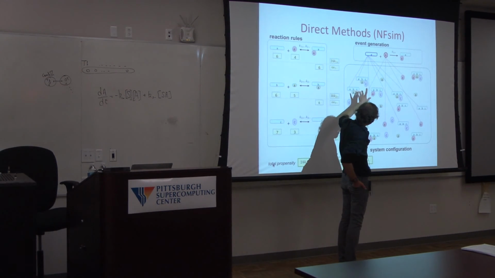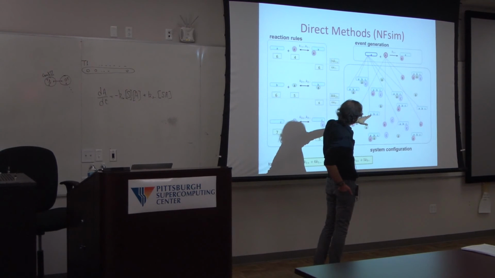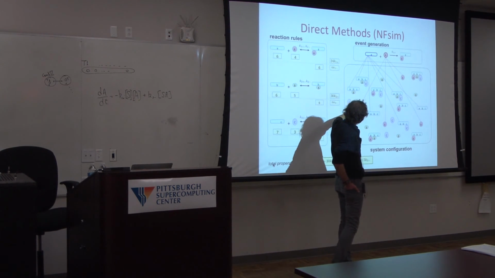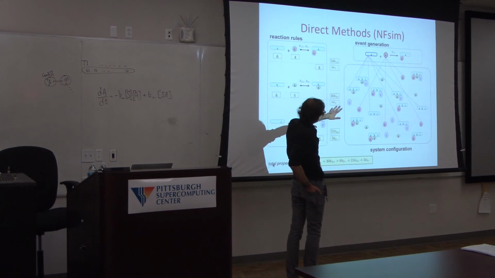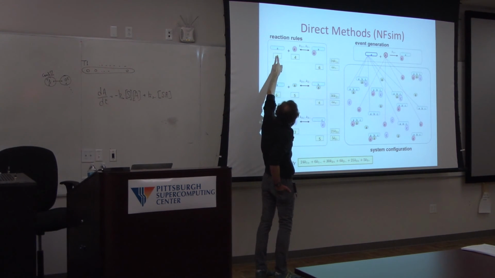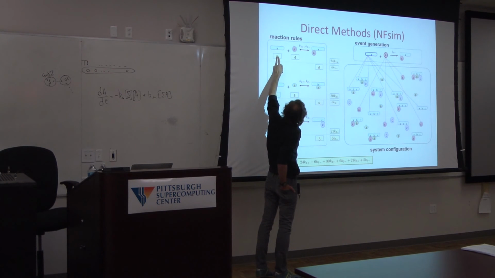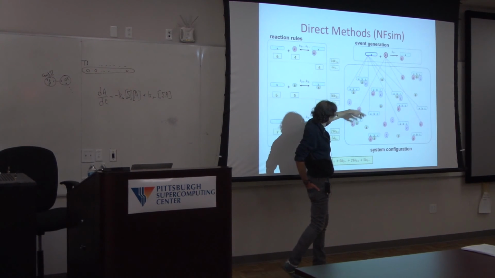We have our scaffold molecules and our binding partners, A, B, and C. And there's a distribution of molecules that are bound and not bound in all the various states. But those are the only ones that I have to consider. So at any given time, I need to know the number of species corresponding to each rule that are currently existing in the system.